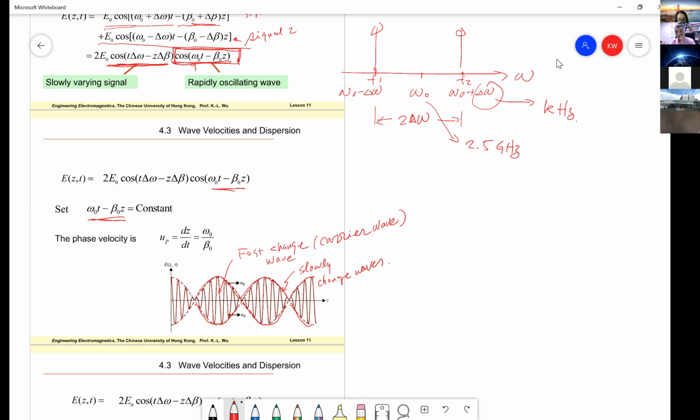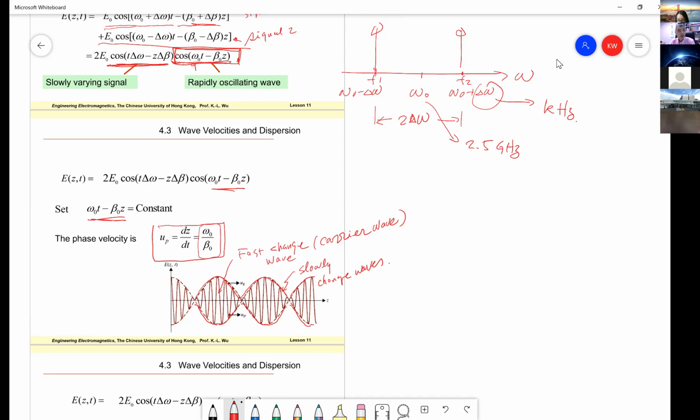If we set the phase of the carrier wave constant, then we find the phase velocity, a constant that depends on omega 0 and beta 0.